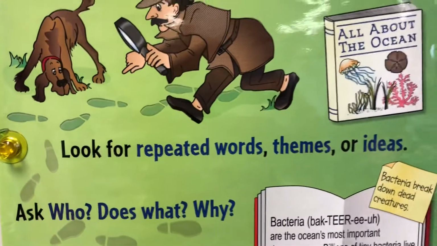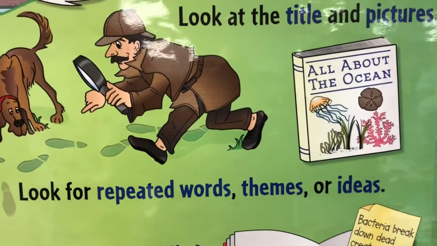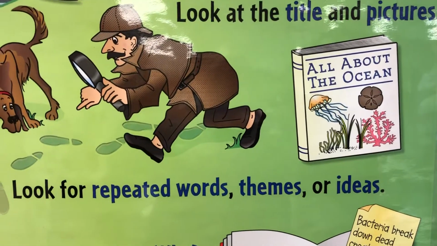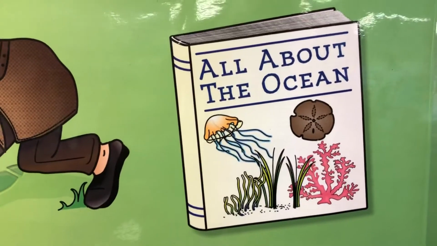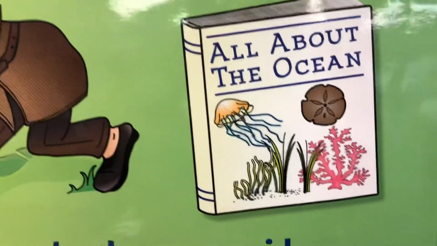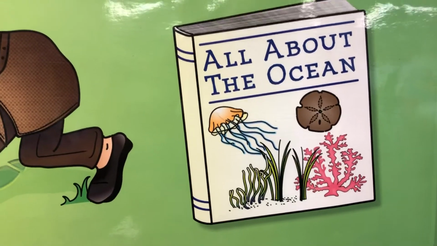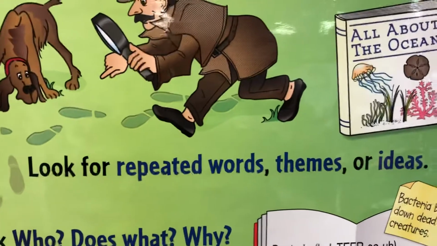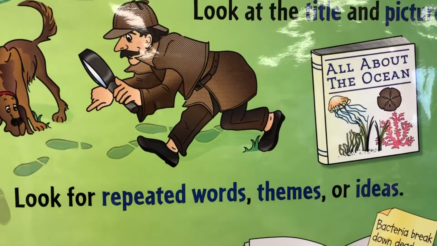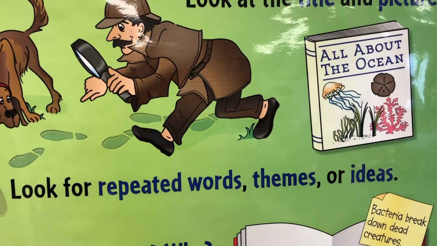Then we look for repeated words, themes, or ideas. So I bet in this story they'll continue to talk about the ocean, plants, and animals that live in the ocean. So to find the main idea, look for repeated words, themes, or ideas.